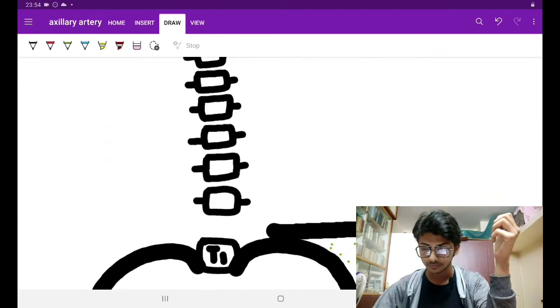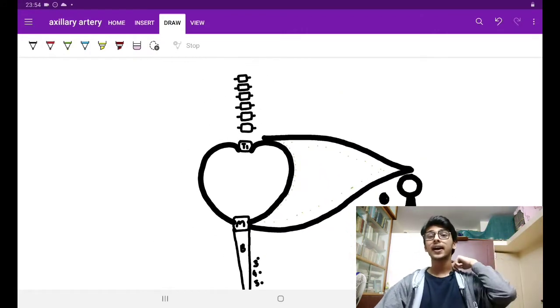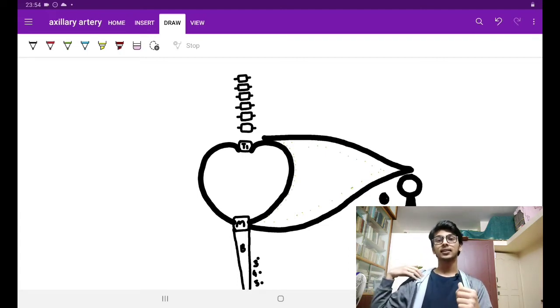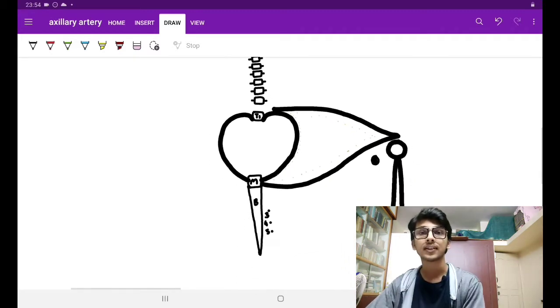See here, guys. This here is a representation of the cervical vertebra, the first thoracic vertebra, the first rib, the clavicle, the scapula, and the humerus bone, and it is also showing the sternum.